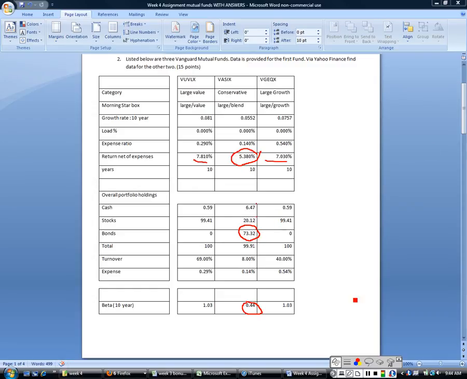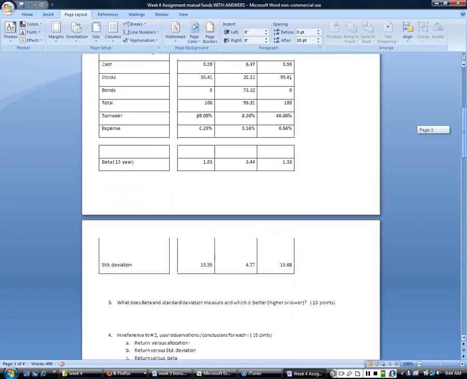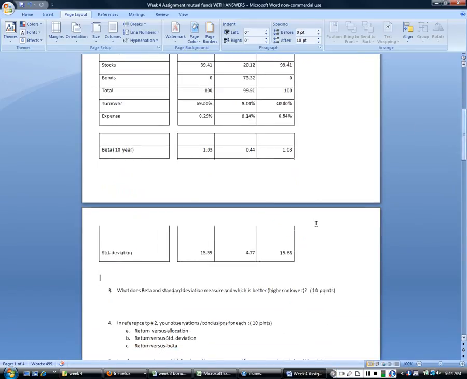And on the standard deviation, the lower the standard deviation, the less the fund's overall variability. So what does that all mean now?